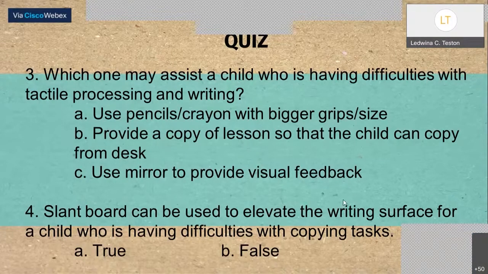Next, number 4. A slant board can be used to elevate the writing surface for a child who is having difficulties with copying tasks. A few say B. Well, it's actually true.